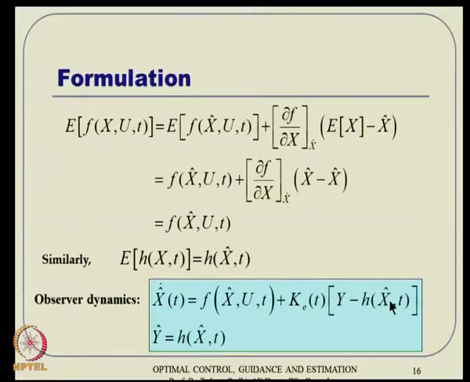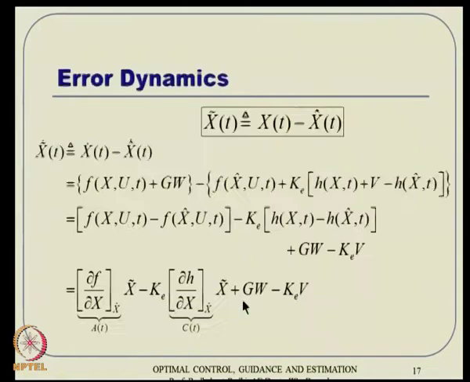And the predicted output, which is the expected value of this, is nothing but that. So, we have x hat dot is f of this plus Kalman gain times innovation, which is y minus h of this, where y hat is nothing but that. This is the predicted output. So, this is your observer dynamics. Now, what is the error dynamics?